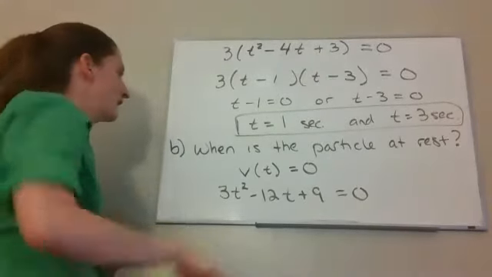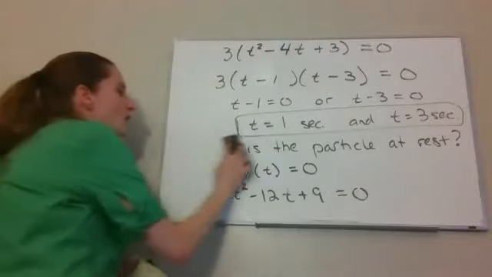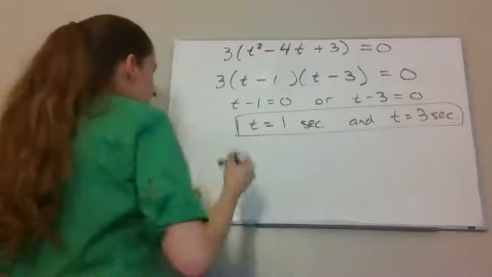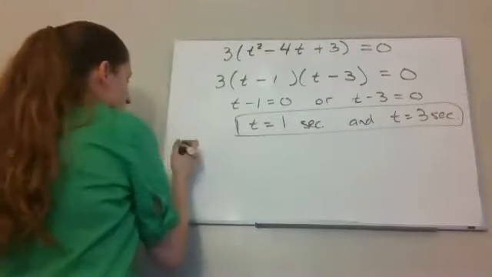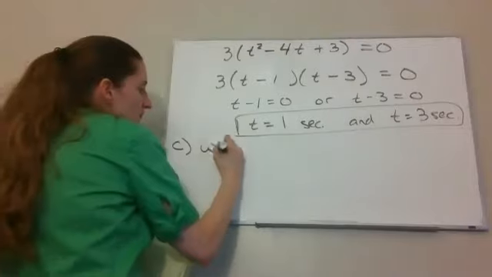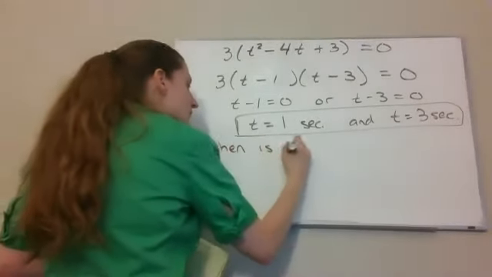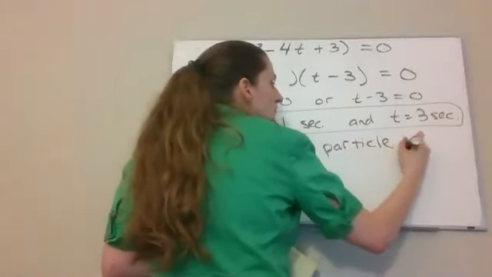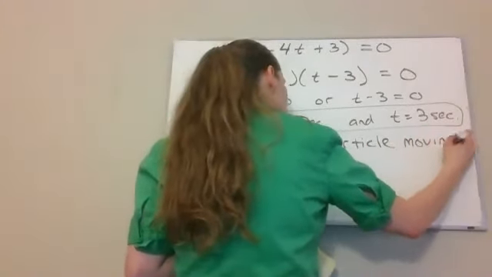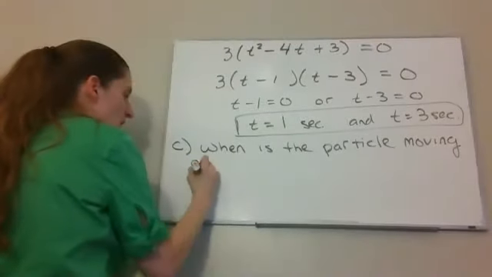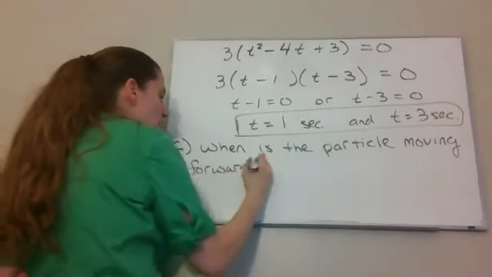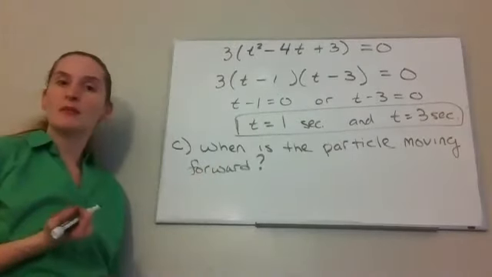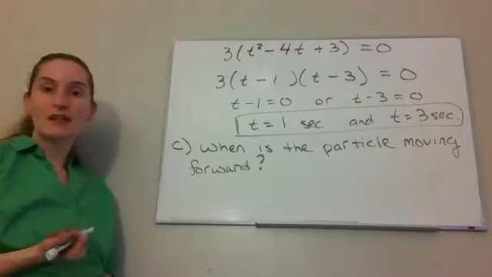Now for part C, we want to know when the particle is moving forward. Well, the particle is going to be moving forward when the velocity is positive.